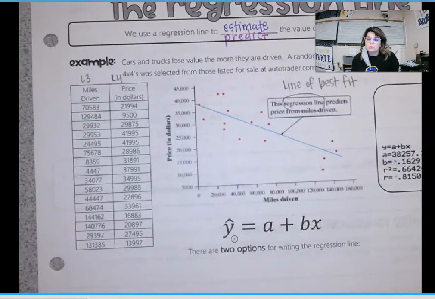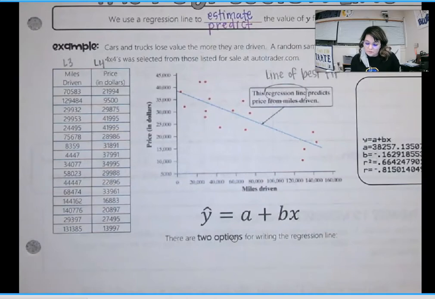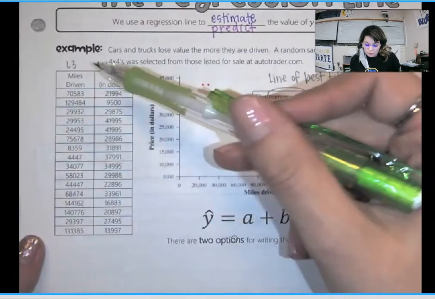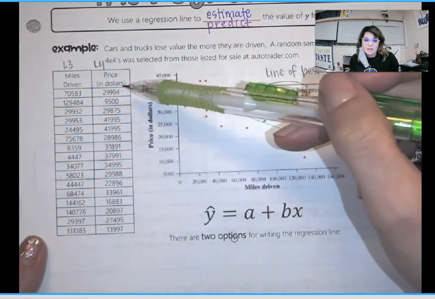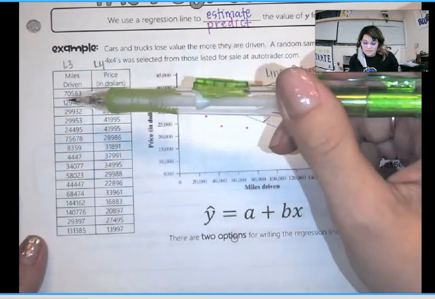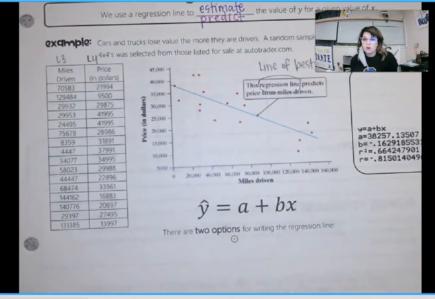I didn't do a really good job leading into this of describing what this data set is. What we're looking at is, can we use the miles driven to predict or explain the price of a car? The idea is that the more you drive a car, the less it's worth, because cars have a lifetime, and people typically think about a car's lifetime in terms of miles. So you would think that as you drive more miles, your car costs less because it's not going to last as long.